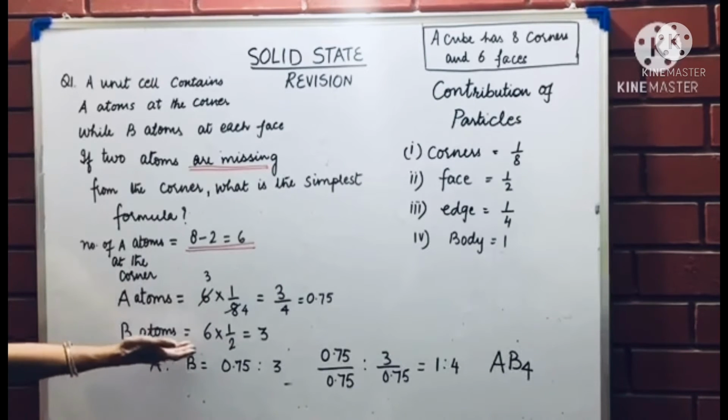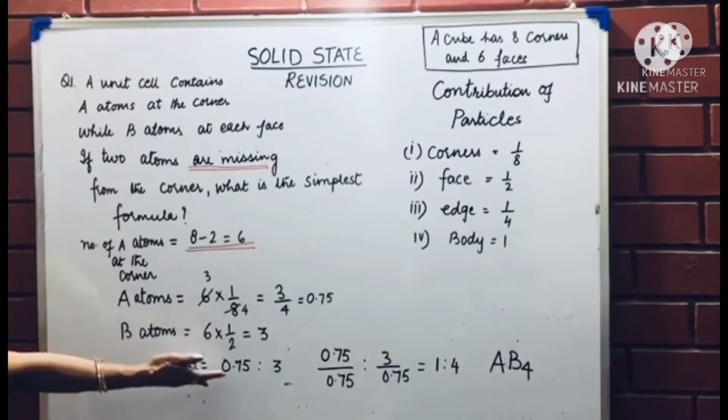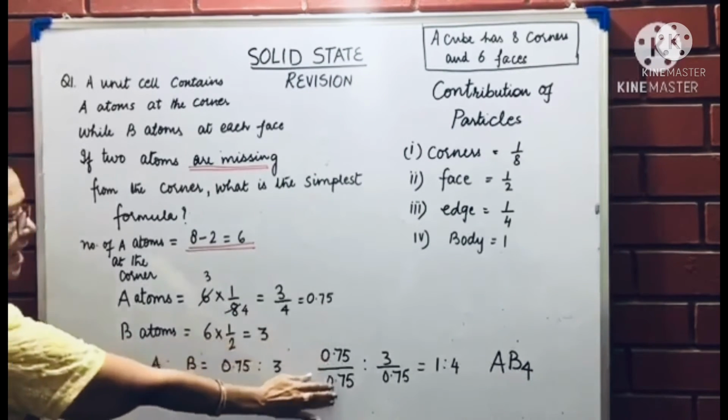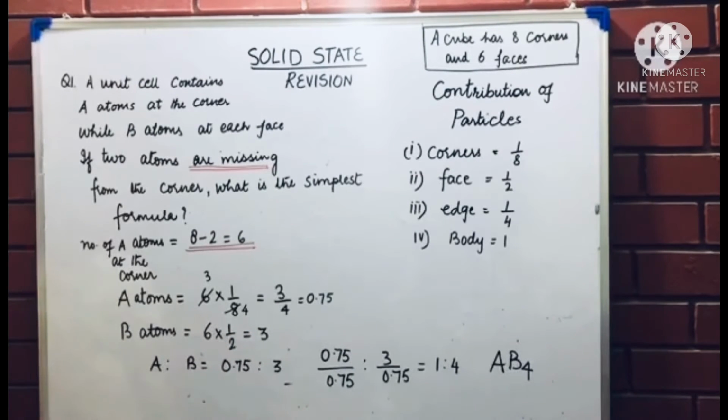B atoms is same, they are present at the face, contribution is 1 by 2 into 6, which is 3. So now A is to B ratio comes as 0.75 is to 3. And you know, you divide both of them by the lowest number. So dividing both of them by 0.75, I get the ratio as 1 is to 4. So the formula becomes AB4.